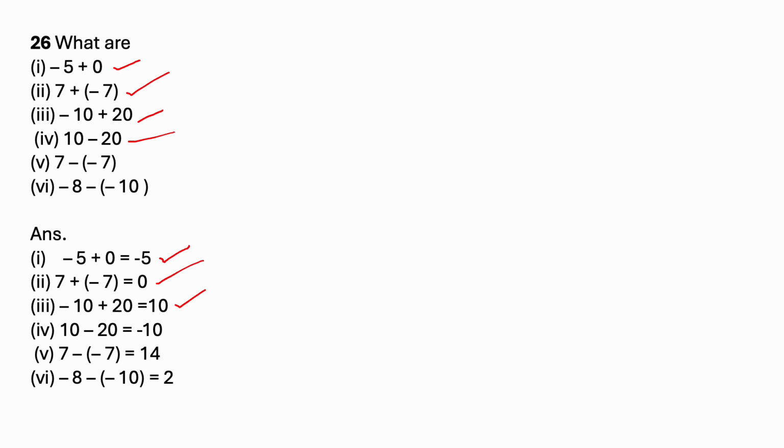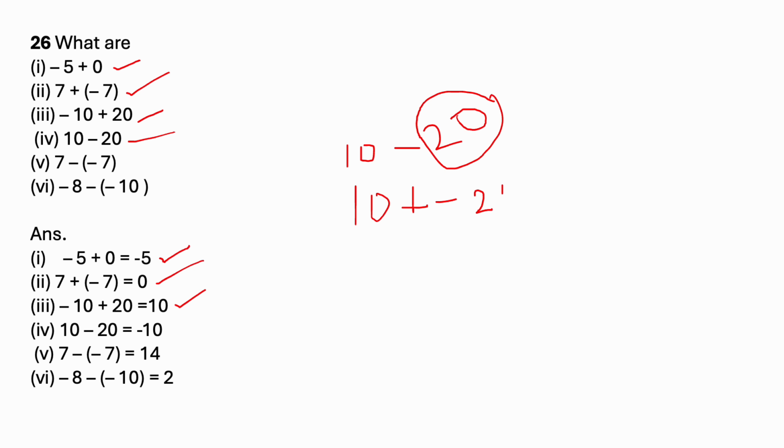Next one, 10 minus 20. This is a subtraction problem. You can change this problem to an addition problem. That is 10 plus, then take the additive inverse of 20. Additive inverse of 20 is minus 20. Now this problem changed to an addition problem.